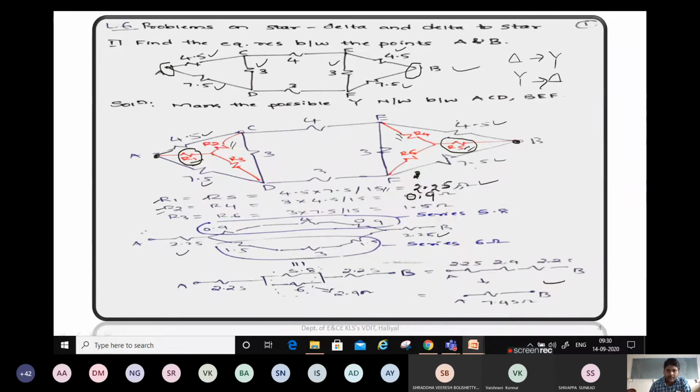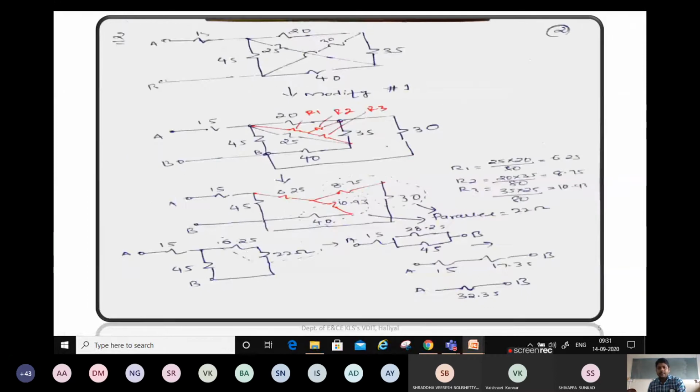For example, if instead of 4.5 ohms you have 7 ohms, then wherever 4.5 ohms comes, we cannot equate it here because it will be 7 ohms. In that case you have to calculate R5 as well as R4 separately, because adjacent values will change.